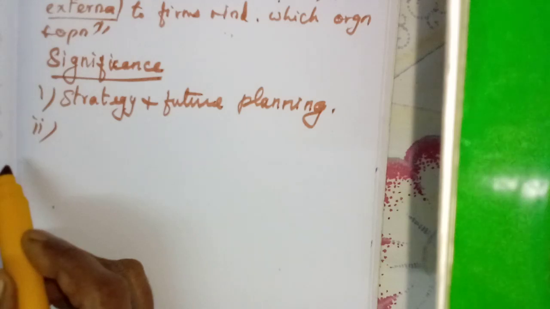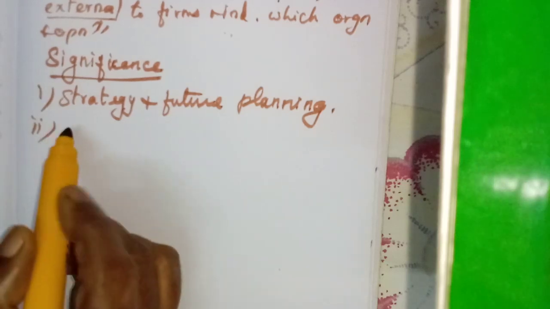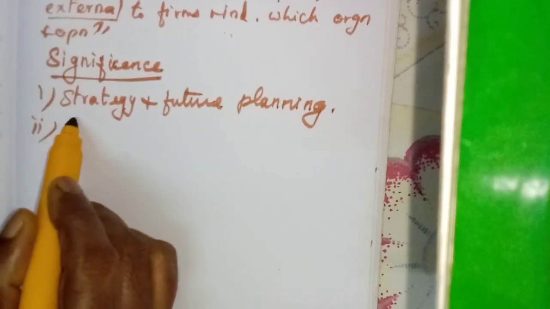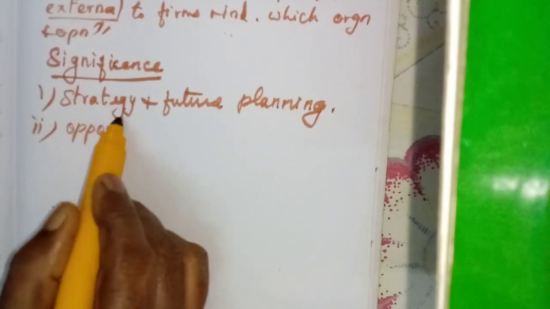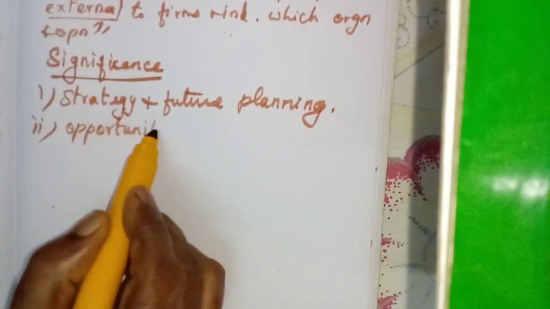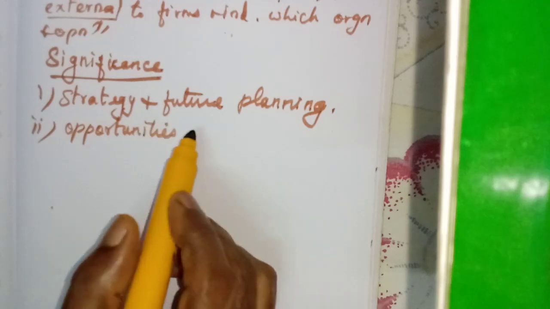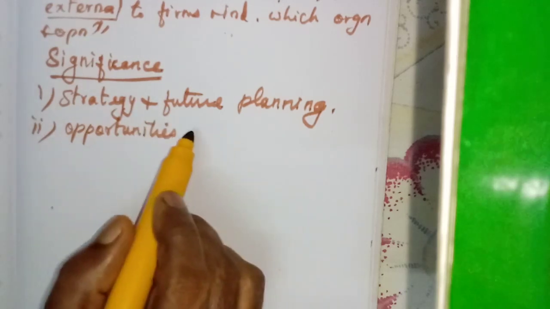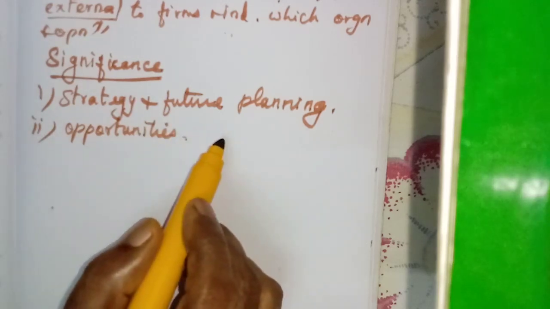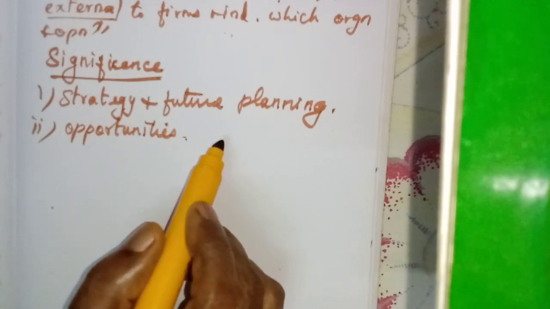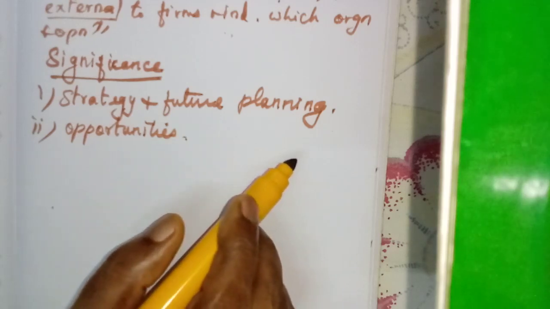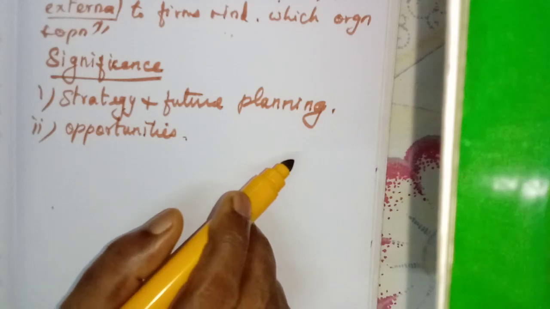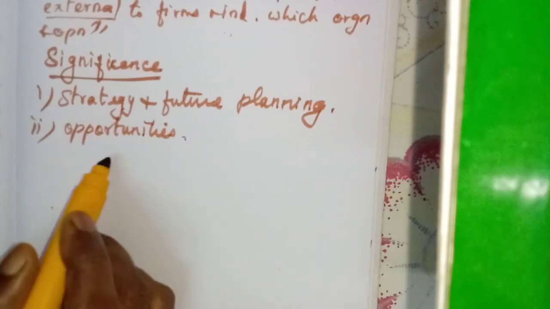And it enables us to identify the opportunities available. We have learned already that opportunities are an external factor, isn't it? The opportunities and the threats. So here we can say one example.